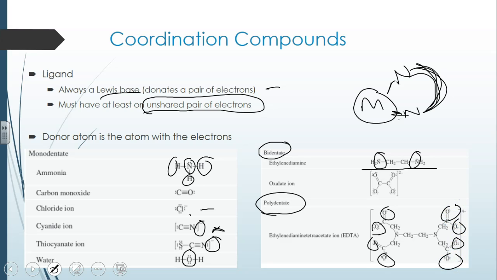In general, this will latch on in 4 places, on each of these single bonded oxygens, making this a tetradentate ligand. But EDTA is definitely an interesting ligand when we were trying to draw it out.